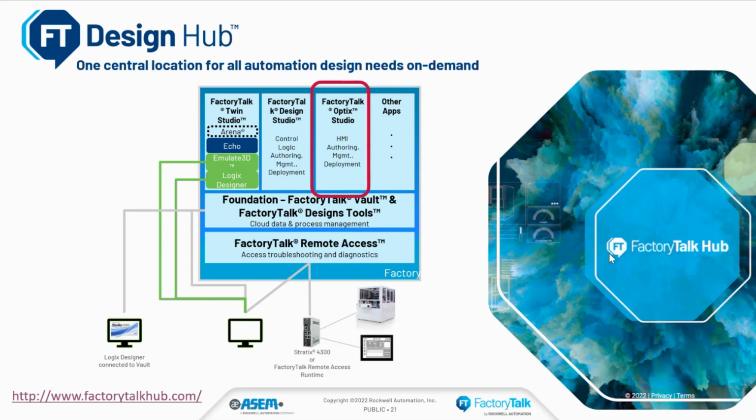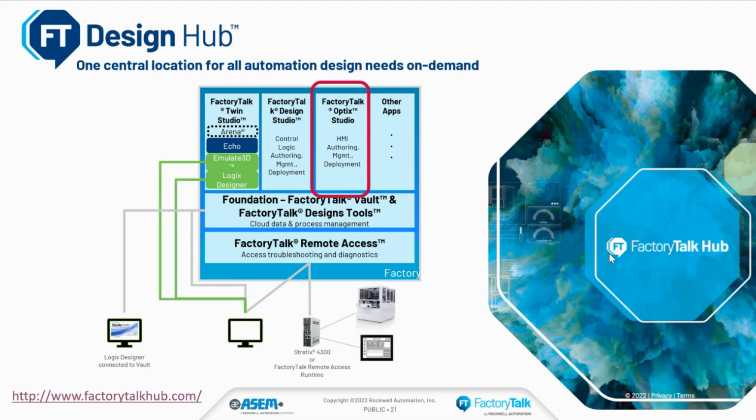But in addition to Optix Studio, you also have FactoryTalk Twin Studio, which is the whole suite of emulation software. There's also FactoryTalk Design Studio, which is essentially a cloud-based version of Studio 5000. There's FactoryTalk Vault, where you can securely save and store your various FactoryTalk applications, your projects, or even your data.